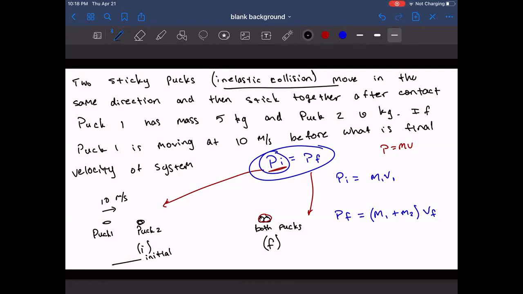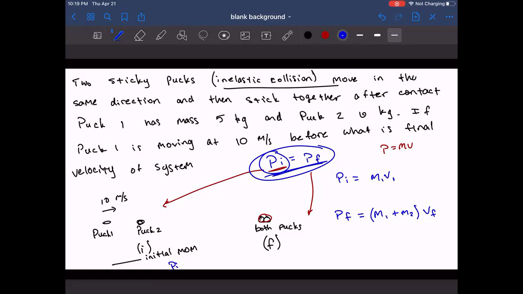This is the initial situation, but it's the momentum that I care about. We represent it as PI because that equation is true, unless you lose energy to the ground or whatever. Momentum is conserved. You know that for sure because when it's inelastic, you can't use the kinetic energy equation.